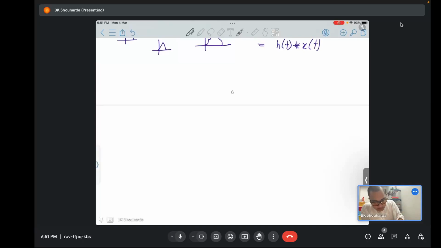Then we have the associative property. What does the associative property mean? For example, addition: a plus b plus c is the same as a plus b then c.